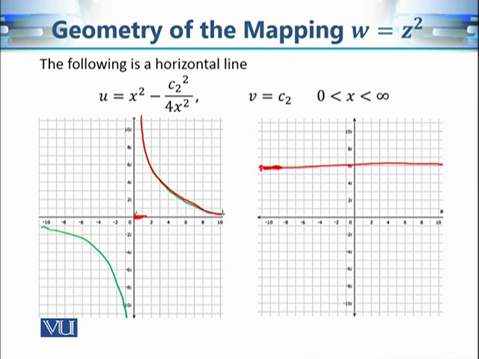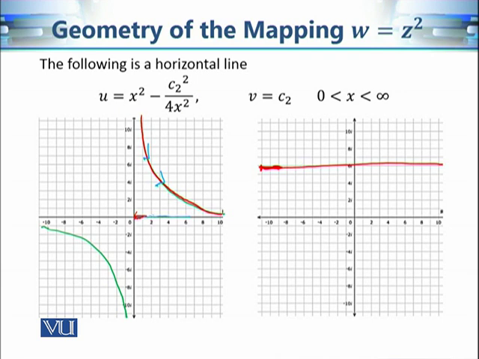Okay, on this line. And when we travel in this direction, and the values of x increase, and when x becomes, for example, let's say 100, then this 100 square will be a very large number, and since this is in the denominator, it will be a very small number. So in general, the value of u will be some very large positive number.